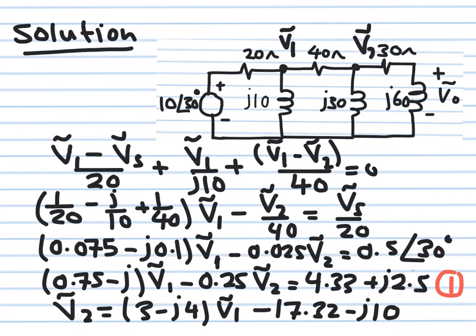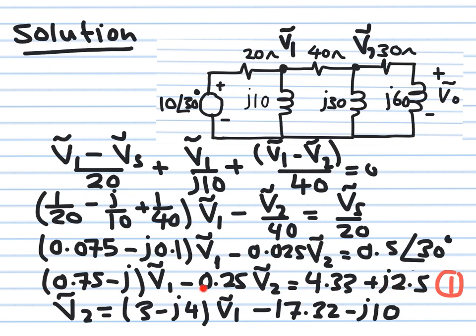Just to simplify things a little bit, I multiplied both sides by 10 to make the numbers a little bit bigger. So this becomes 0.75, this becomes minus J0.1, this becomes minus 0.25 V2, and this one becomes 5 angle 30. If you expand 5 angle 30 as 5 cosine 30 plus J sine 30, you get this complex number here. So this is my first equation.